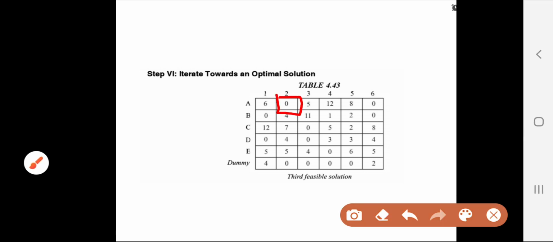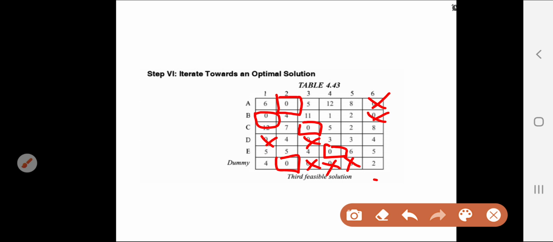Assign this zero, make the others a cross, assign this zero, make other zeros cross. Now you assign this, make other zeros cross. Now make it zero, other zeros cross.